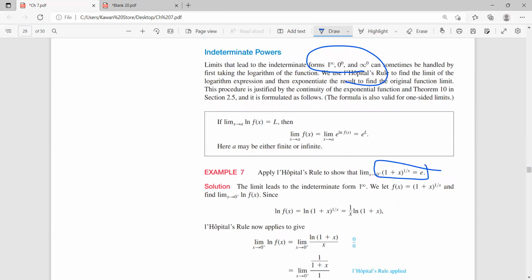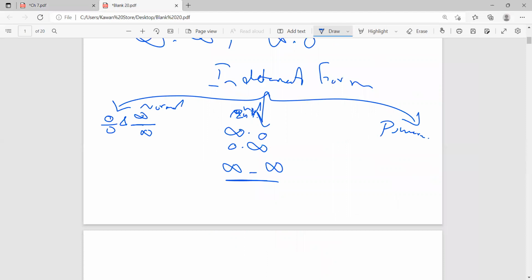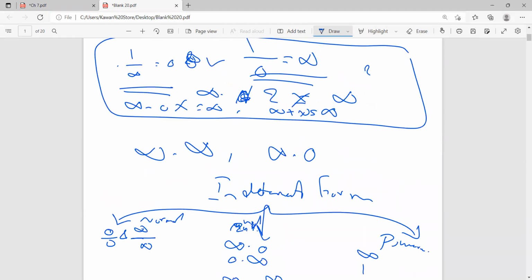Well, that's why I say study. Did you solve this one? So I will not mention it here. We have power, like what? 1 to the power infinity. Not every number, just 1 to the power infinity. 2 to the power infinity is equal to infinity.